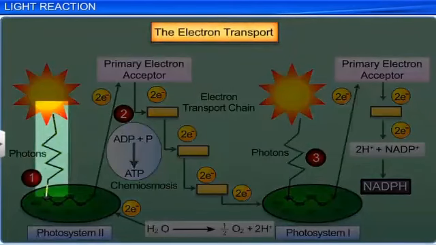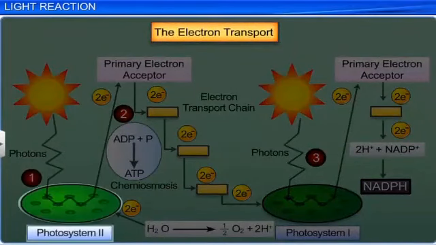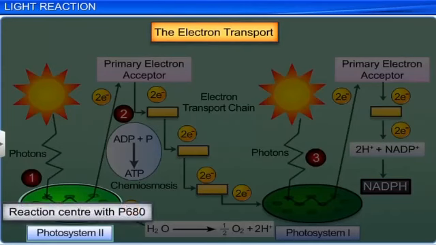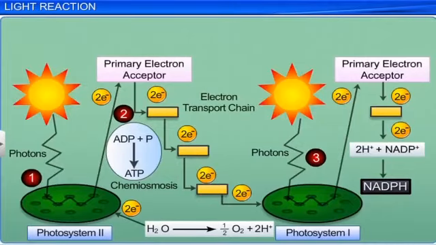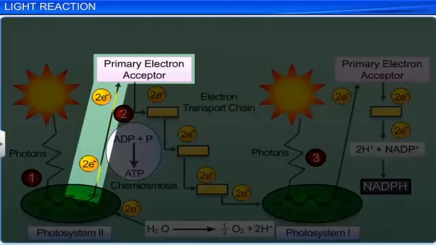In the light absorption stage, the chlorophyll A in PS2 absorbs the 680 nm wavelength of red light. This causes excitation of electrons, thereby attaining high energy levels. These electrons are picked up by an electron acceptor, which transfers them to the electron transport system.